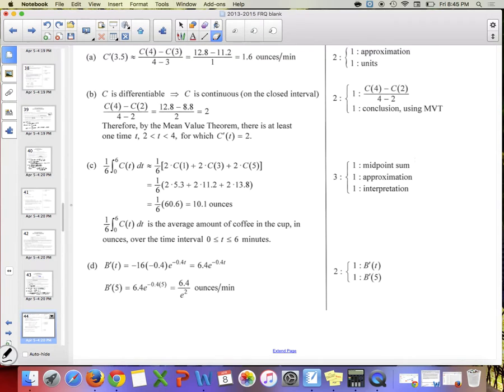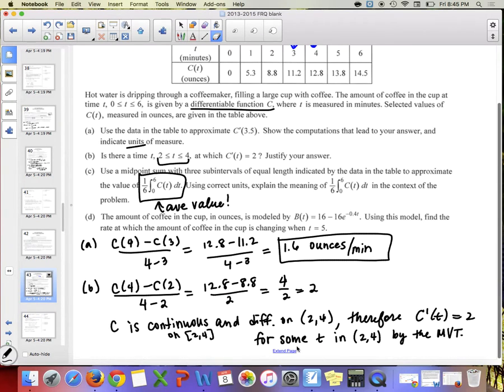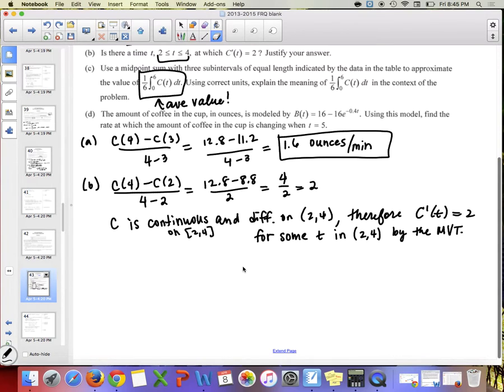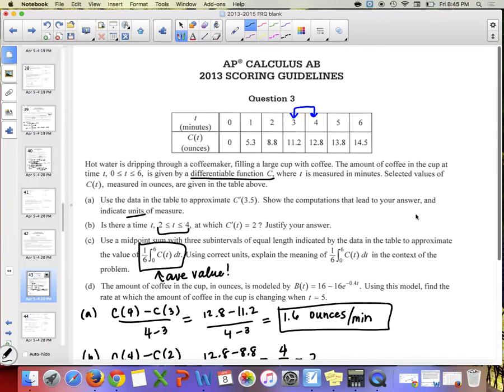So let me give myself some room. All right, so part C. I'm using a midpoint sum. Like I've done before, you can always draw out a sketch if you need to. It says we're using 3 subintervals, so that's nice because we had 6 of these, right?